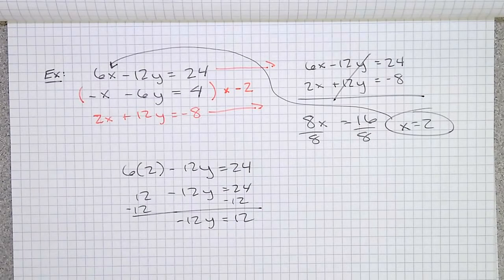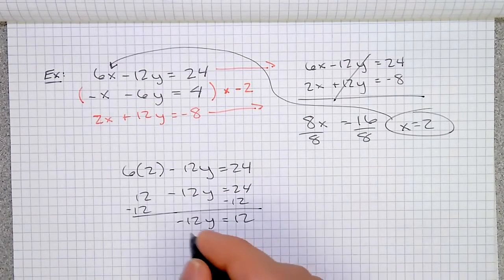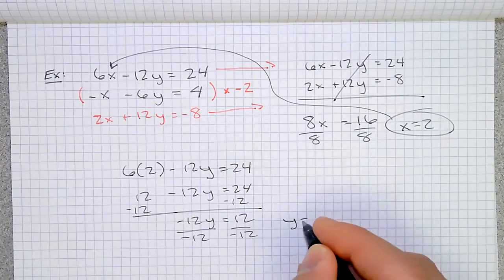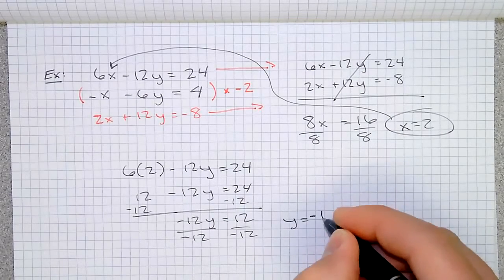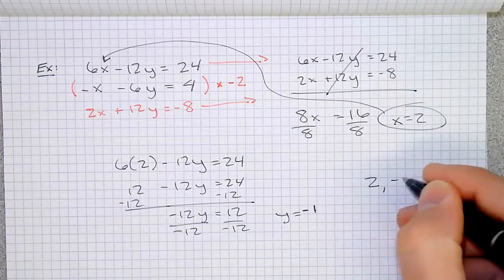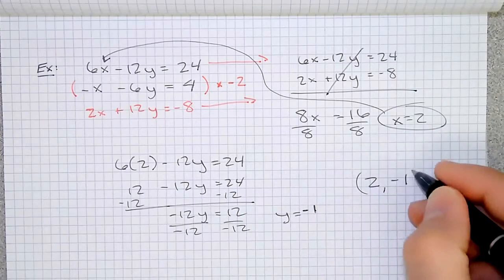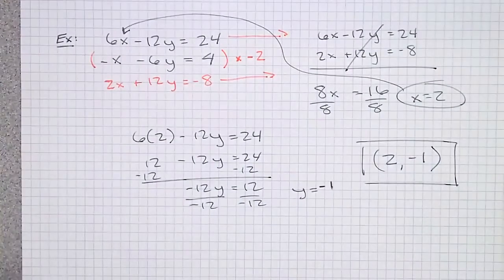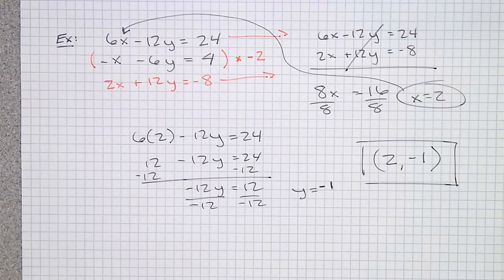Move the 12 to the other side, divide by negative 12, and y equals negative 1. So I get a final answer of 2 and negative 1.